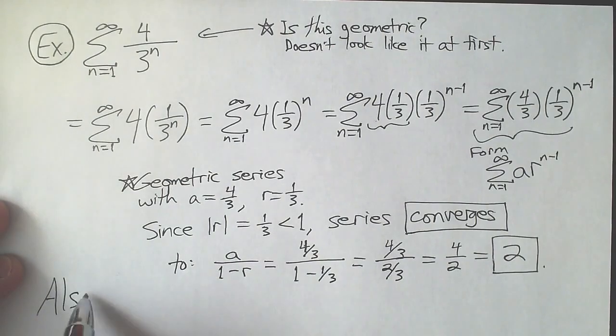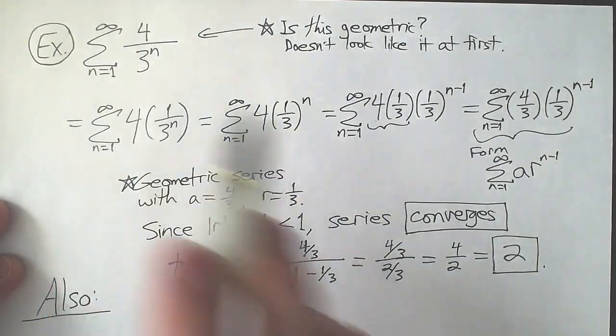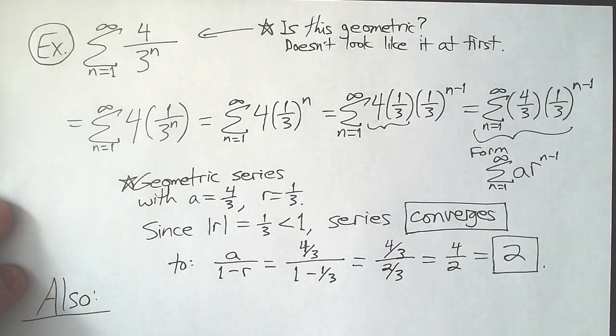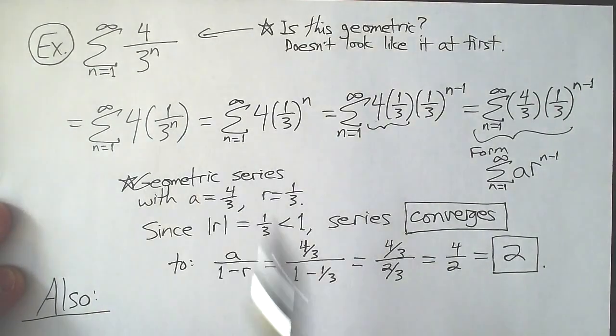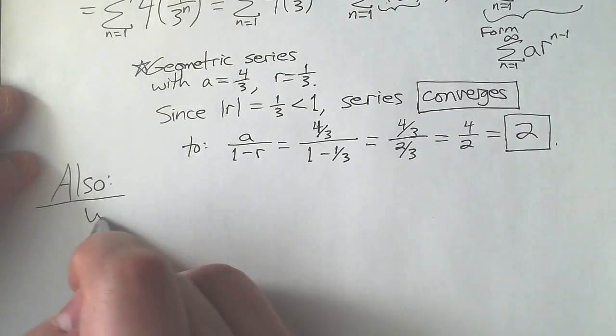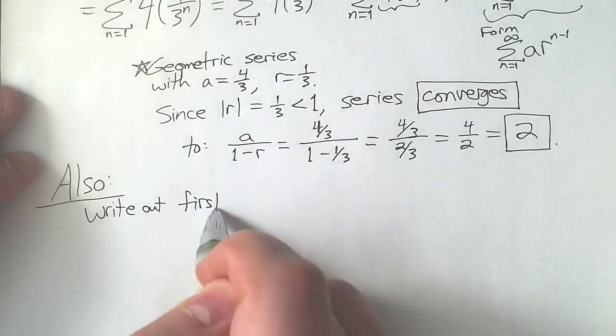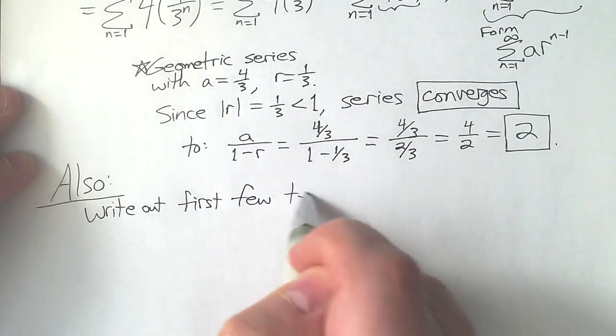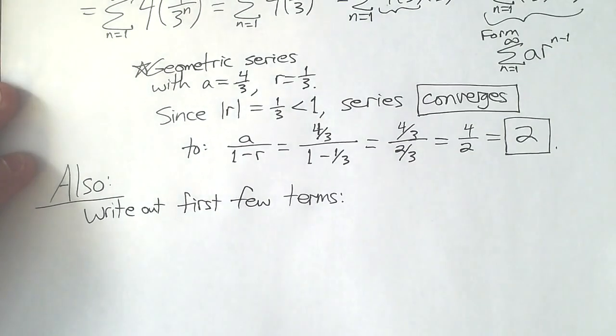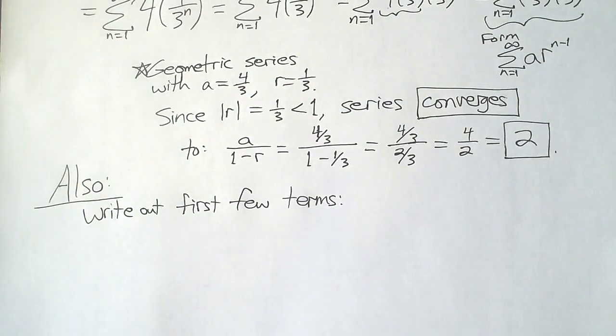Also, so we answered the problem. I like the way we wrote it. Everything looks good. But I want to show you another way to think of this problem. What would happen if we write out the first few terms? Now, something that I am going to say every once in a while is we've talked about sequences in 7.1 and series in 7.2, and it's important that you don't get them mixed up.